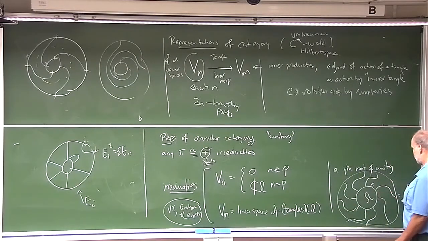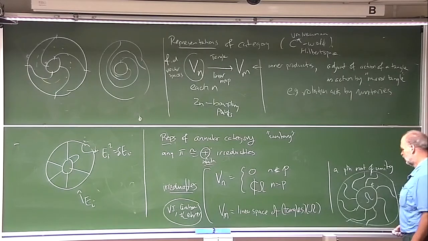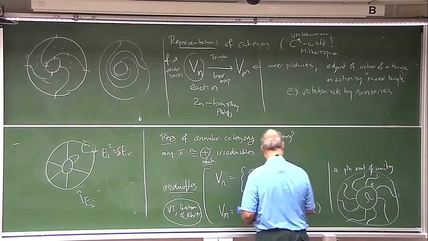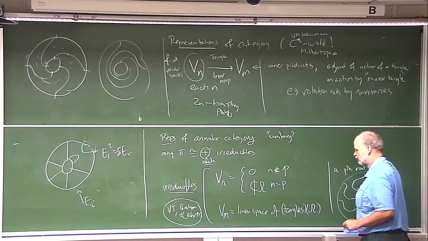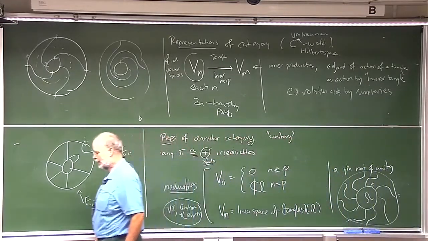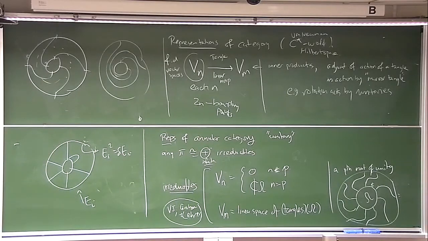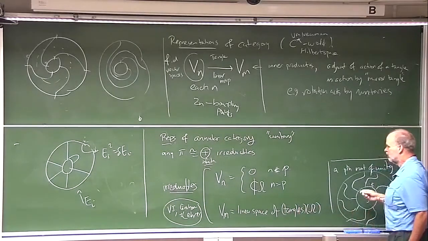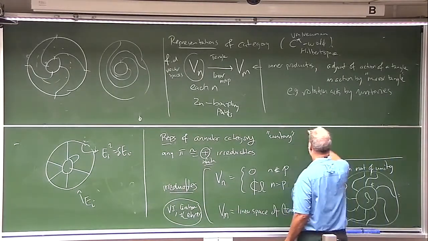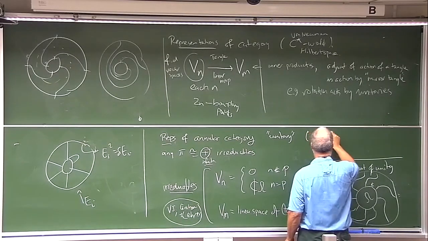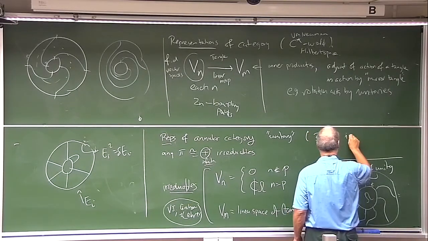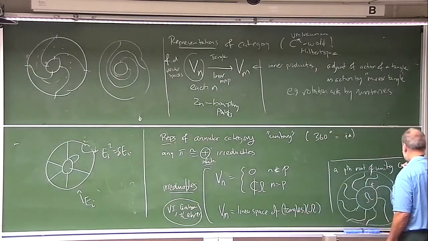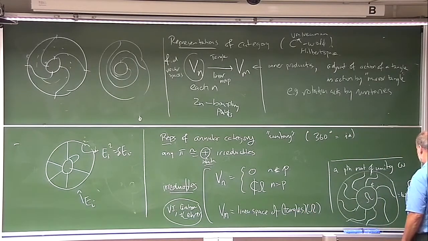And since it's dimension 1, it is a scalar multiple of omega. I want it to be a p-th root of unity, so let me just assume that the annular category is unitary, and the 360-degree rotation equals 1. And this is equal to omega.